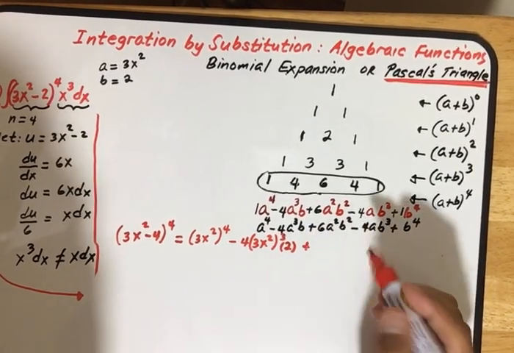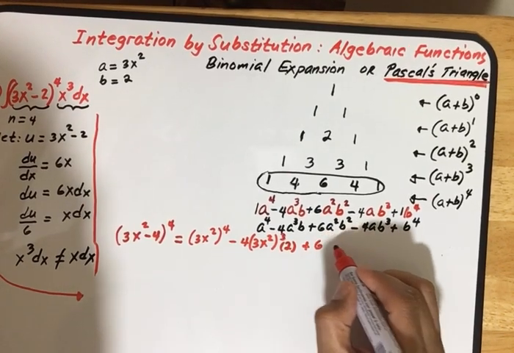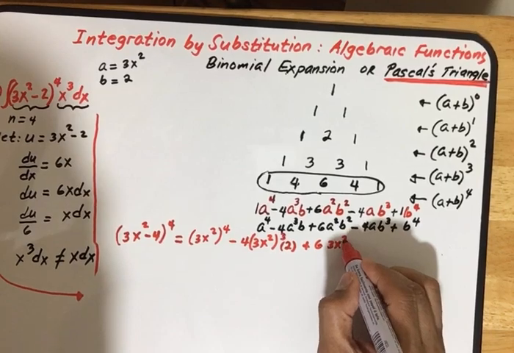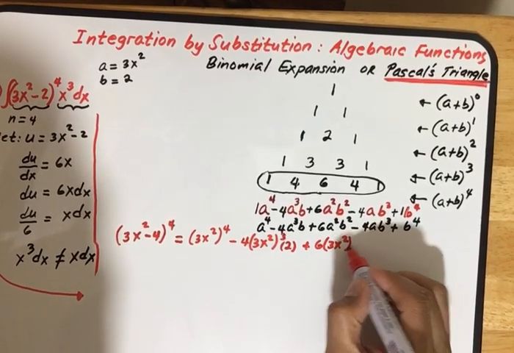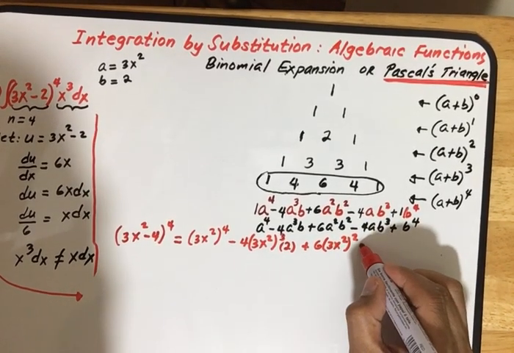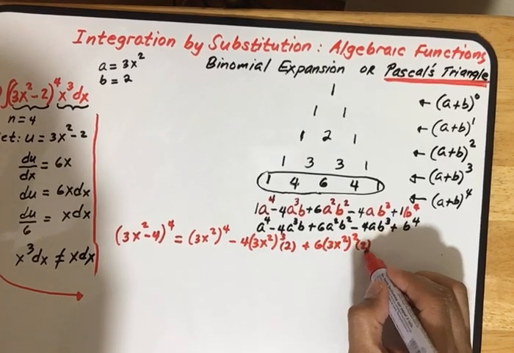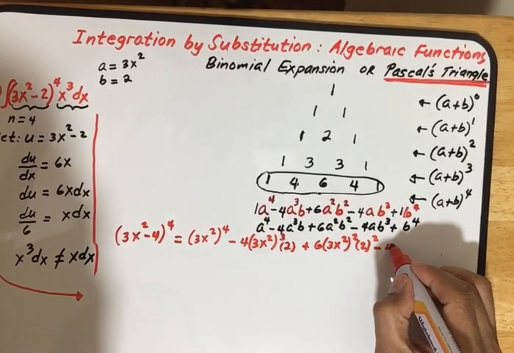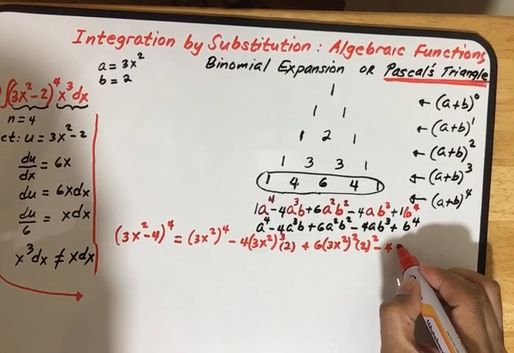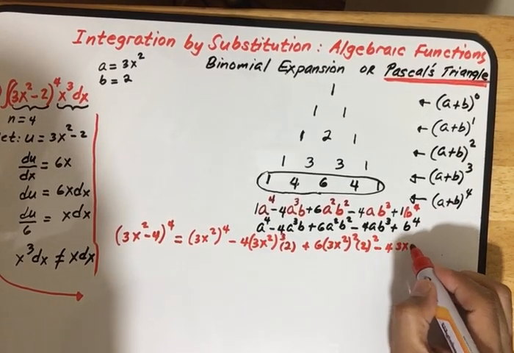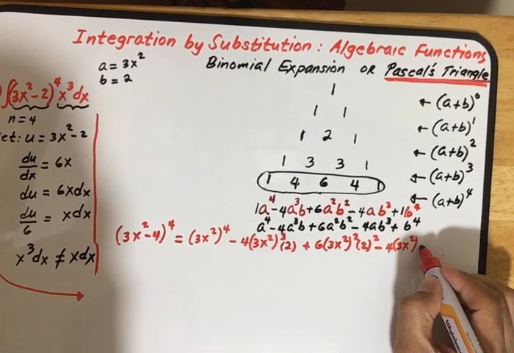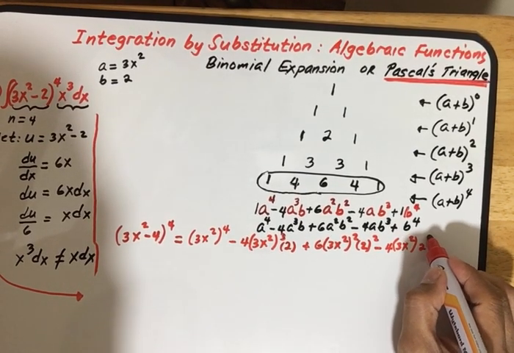Then plus 6 times A, where A is 3x squared, then raised to a power 2, then times 2, then squared. Then minus 4 times A, where A is 3x squared, times B, where B is equal to 2, then power 3.